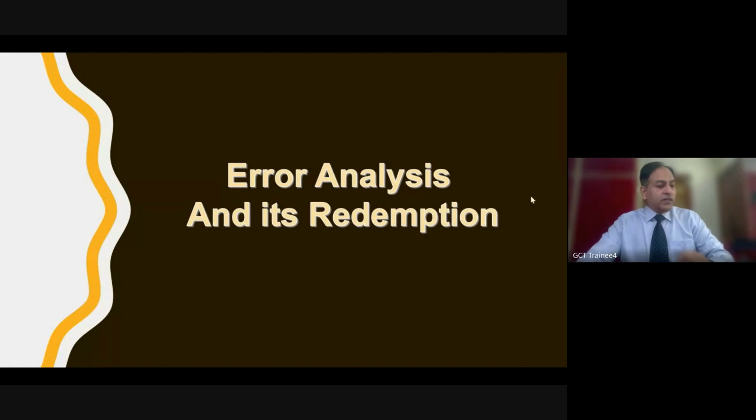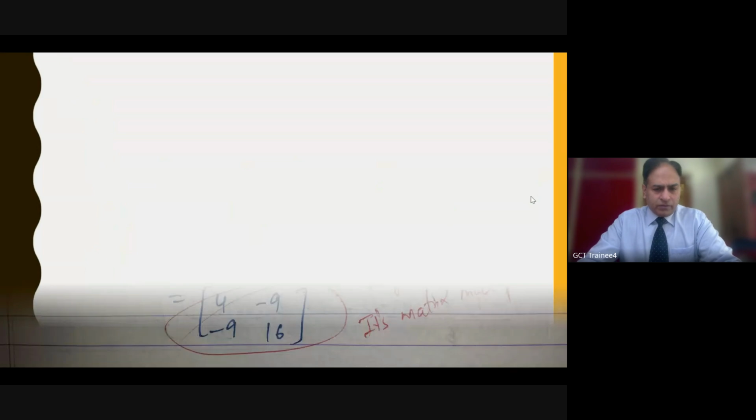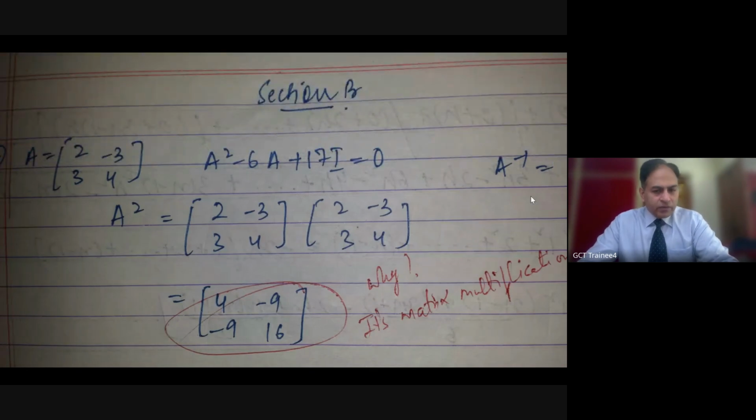Since time is limited, I'll not focus much on it, but error analysis. We are the teachers. We all know what type of mistakes students are committing. So these are certain samples. This is my personal advice to you, I always show this to my students.